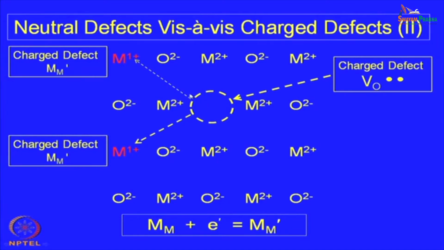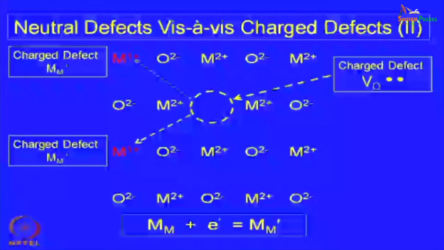So, what has happened is it has donated one electron to this metal ion and another maybe to another metal ion, that is most likely. Normally two electrons do not go to the same metal site, that depends of course on what variable valency it has.